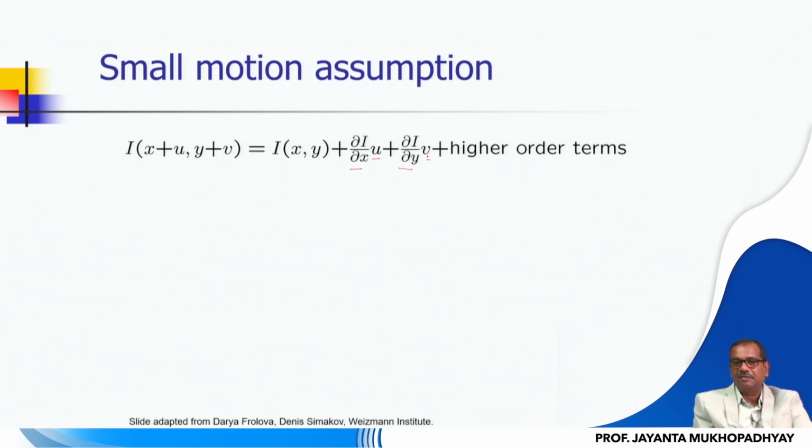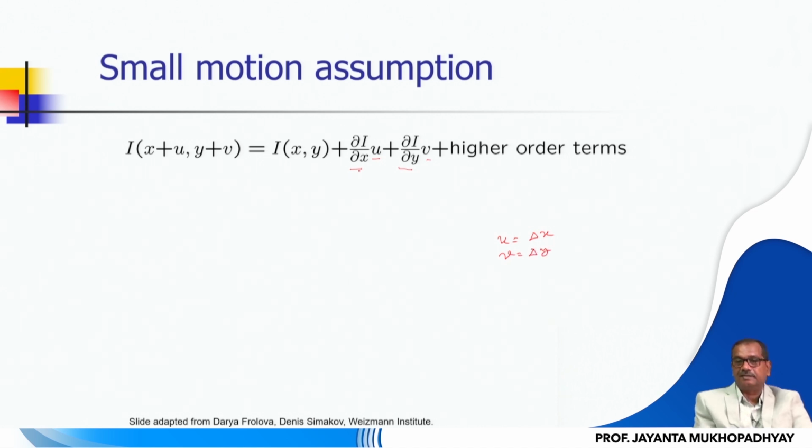We call it delta x and delta y in the jargon of calculus. So u and v are simply those delta steps. u is delta x and v is delta y.